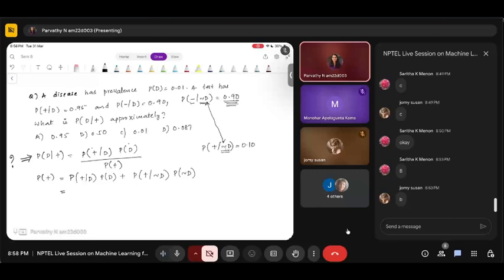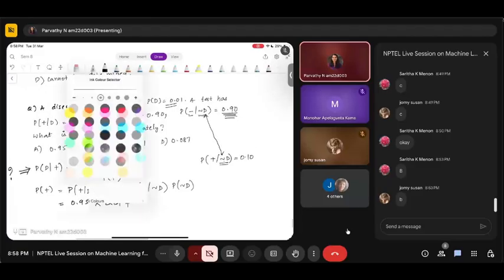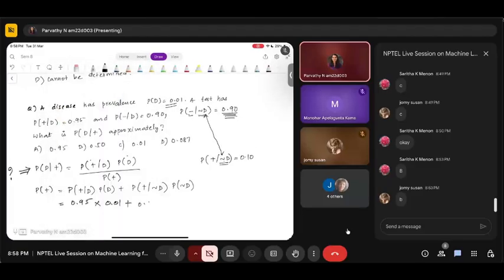So this is 0.95 times 0.01 plus this is 0.10, and this negation of D, that is 1 minus 0.01, that is 0.99.